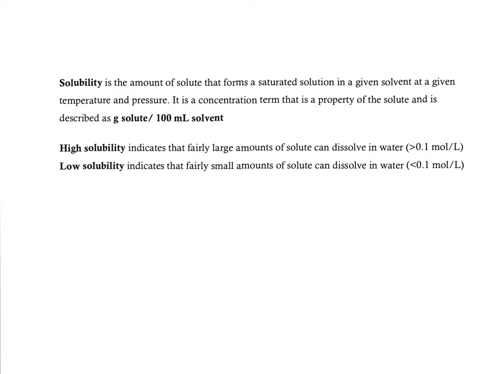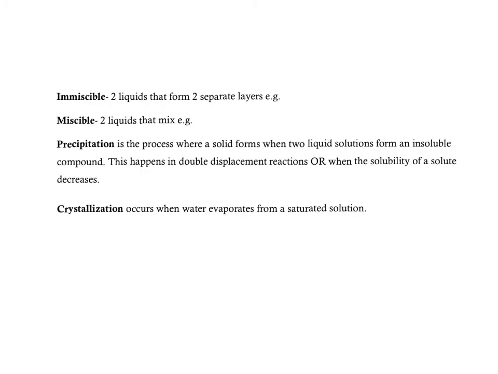High solubility indicates fairly large amounts of solute can dissolve, so greater than 0.1 mole per liter. Low solubility indicates fairly small amounts of solute can dissolve in water, so less than 0.1 mole per liter.